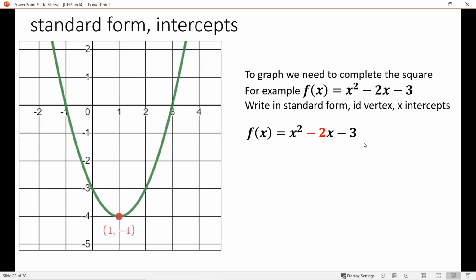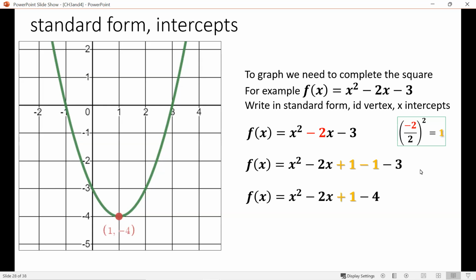So we need a constant term of 1 to factor this into a perfect square. To get that constant term of 1, we're just going to add 0, which is +1 minus 1, and then ignore the -1 and the -3 that we don't need right now. Now our first 3 terms are a perfect square.